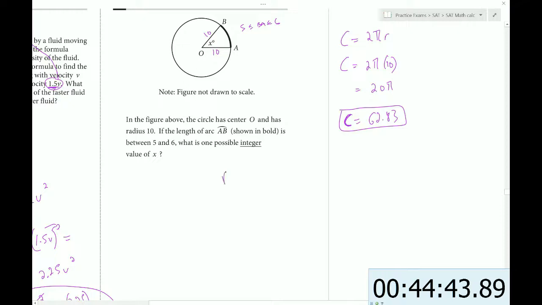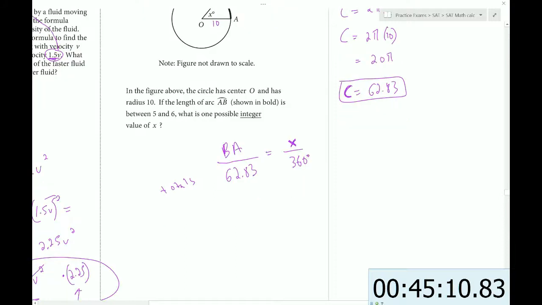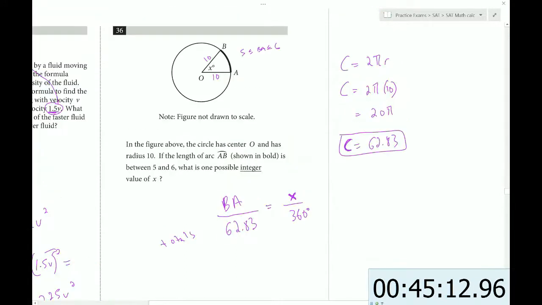Whatever the value of BA is, we'll put that there, and then we'll put this over 62.83, and that's going to equal x over 360. Notice that on the bottom I have both totals, the degrees in a circle and the total circumference, and BA is a part of that circumference. And x, of course, is the degree measure of this interior angle out of a total of 360.